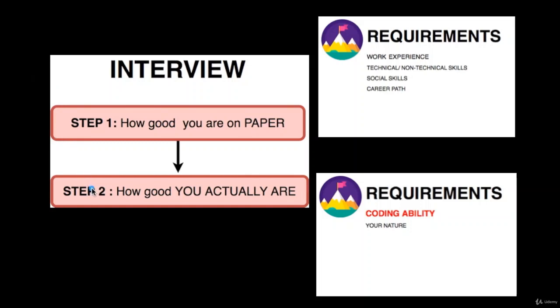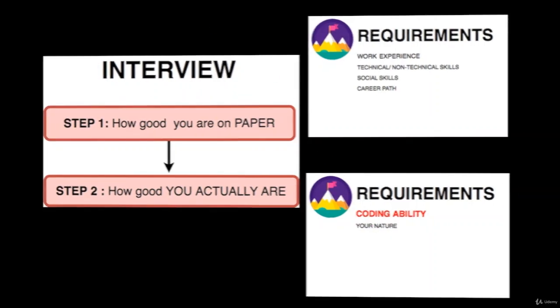And then in the next step your technical skills are analyzed, and for that these are the requirements we have to fulfill. The first one is coding ability and the second one is your nature. And we know that coding ability is the most important requirement in the complete interview process. So now we are going to learn more about coding ability and how it is analyzed.